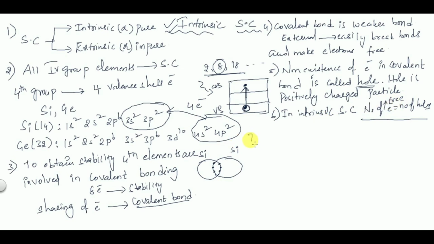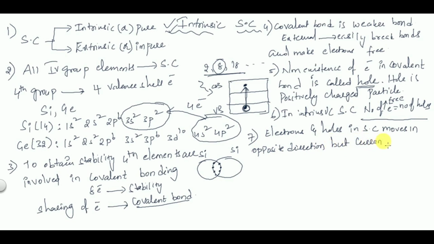The seventh point which you have to remember is that electrons and holes in a semiconductor move in opposite directions, but the current given by them will be in the same direction.